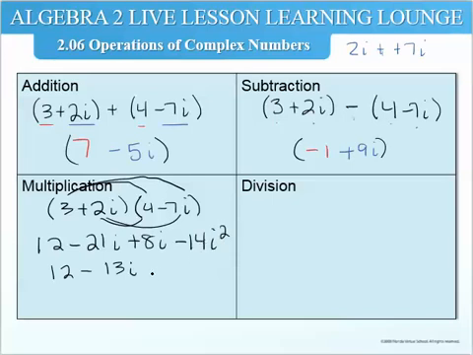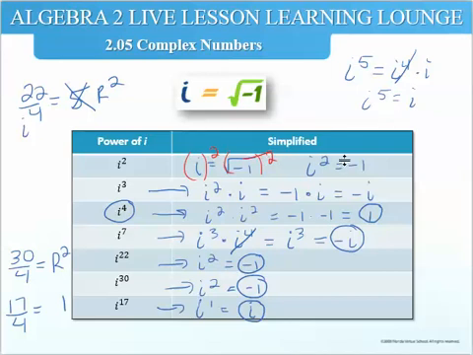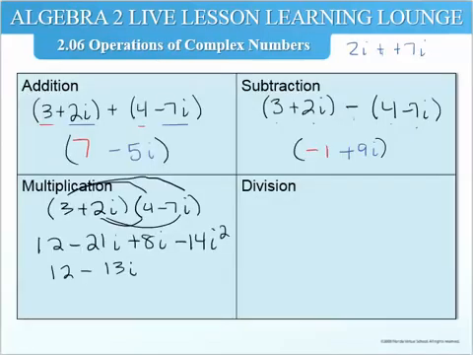Since this is I squared, and we know from previous work that I squared is equal to negative 1, anytime we see an I squared, which is very frequently, we replace the I squared with negative 1. So when I bring down this negative 14, I'm going to change the I squared to negative 1. And what that really does is it changes the negative 14 to a positive 14.